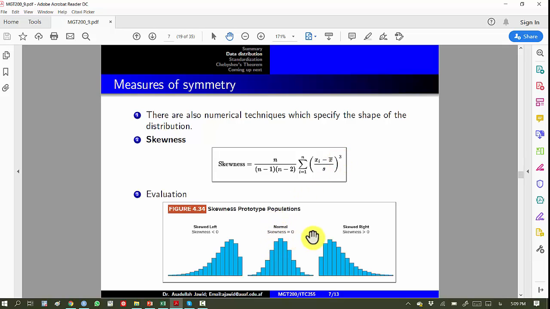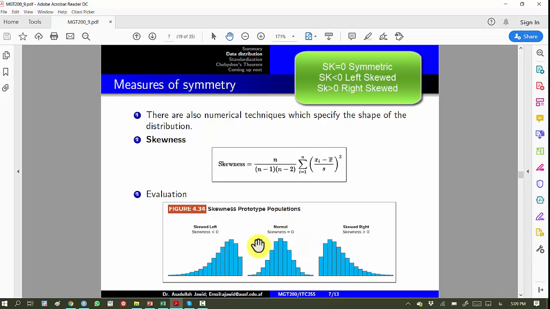If skewness equals 0, that's a symmetric, normal distribution. If skewness is negative, we have a long tail at the left, that's skewed left. If skewness is positive, we have a longer tail at the right-hand side.